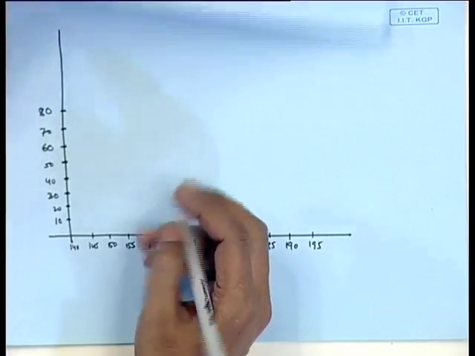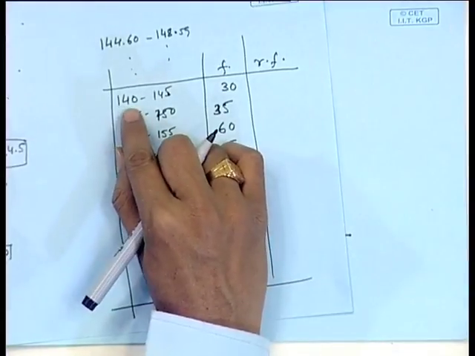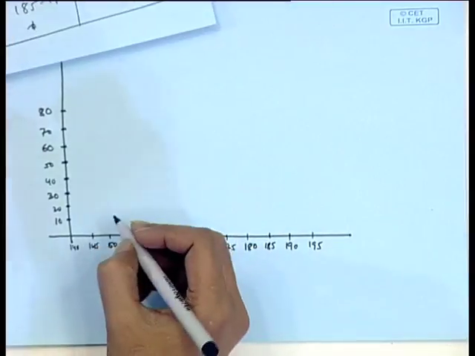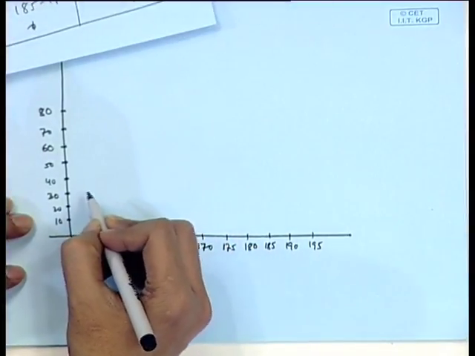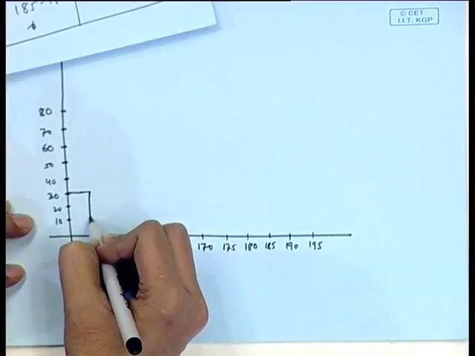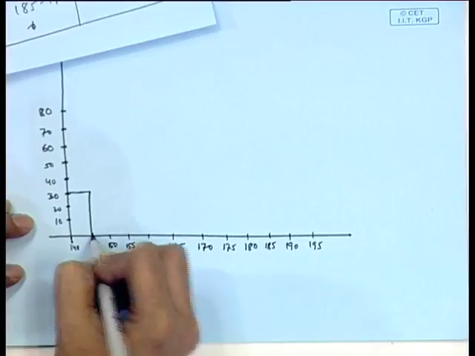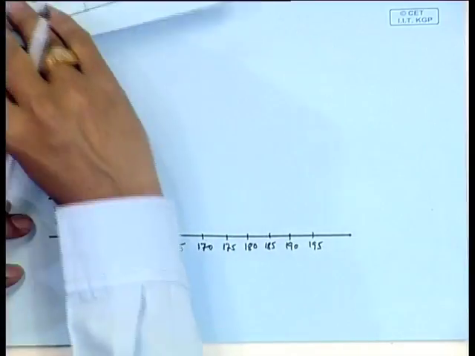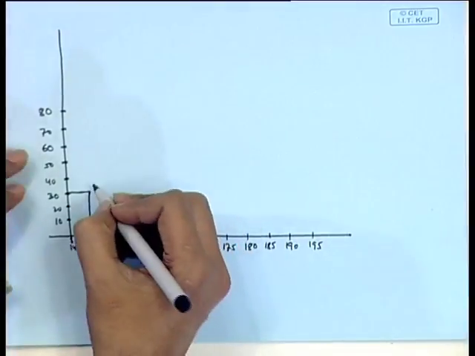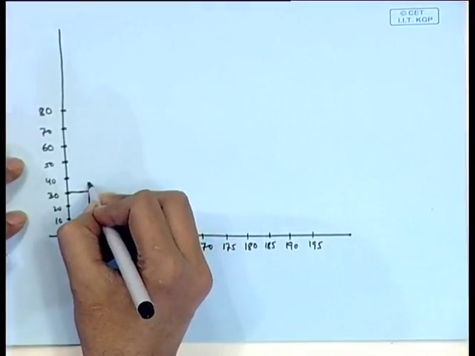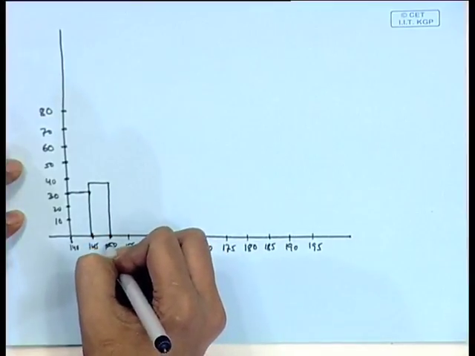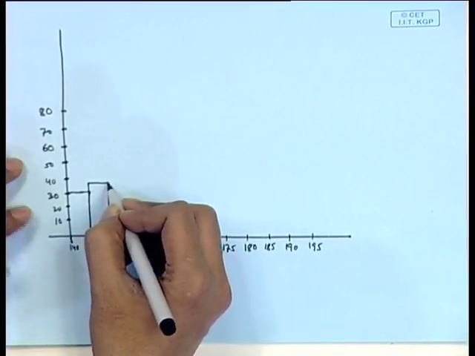Now, we observe the frequency for the class interval 140 to 145 is 30. So, we draw a rectangle of height 30 in the interval 140 to 145. Then for 145 to 150 the frequency is 35. So, we add the height up to 35 here, and for the interval 145 to 150 we consider the histogram of this length.